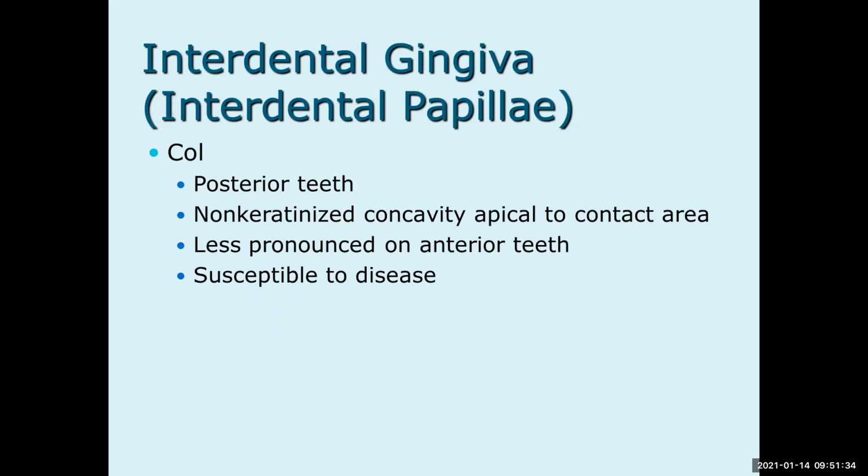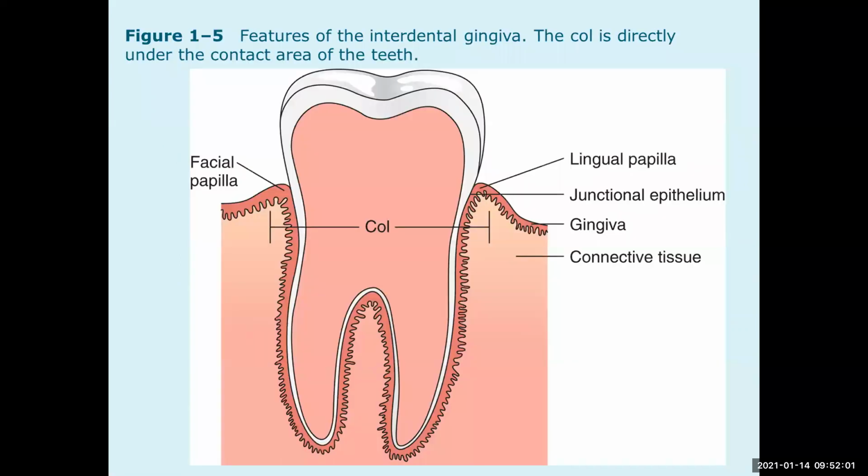It's non-keratinized, less pronounced in the posterior than it is in the anterior teeth, and that area is very susceptible to disease, the interdental papilla, because of the col. Very difficult to clean. You've also got concavities in the tooth structure and the root structure. Flossing doesn't get concavities. So it's very susceptible, and that's where disease usually starts, in the col.